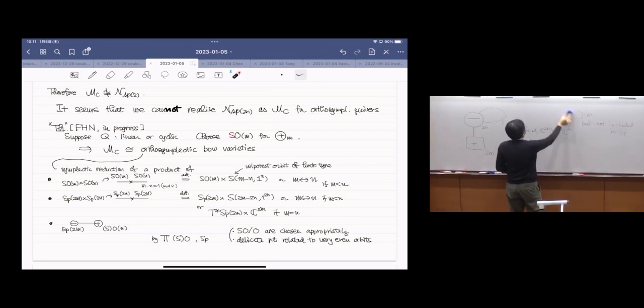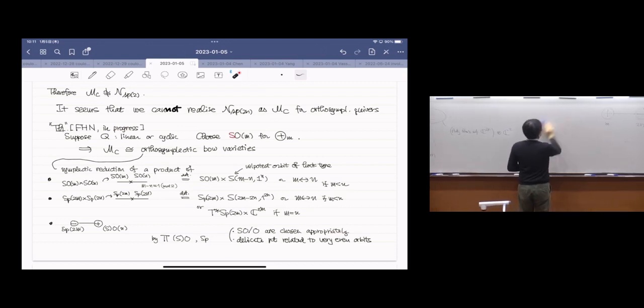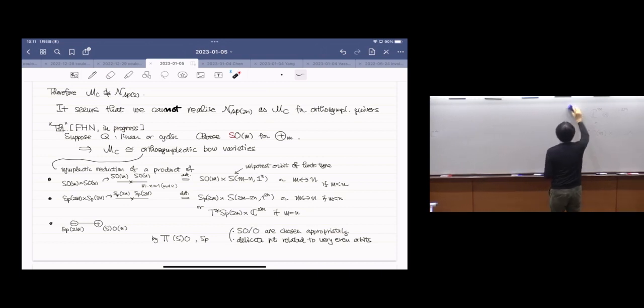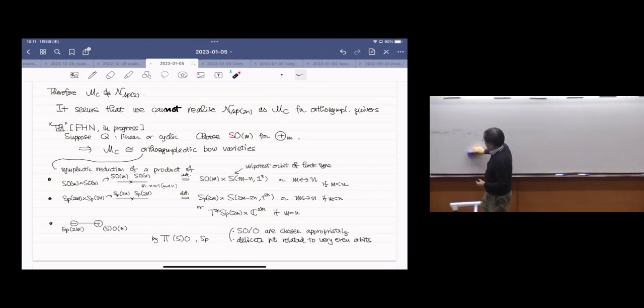As for the Higgs branch, I'm not sure if anybody studied the corresponding Higgs branch, but this appears in the ADHM descriptions of the instantons on C2.